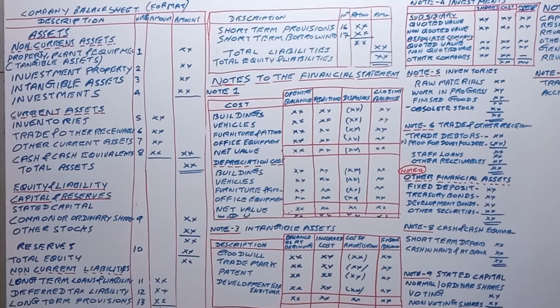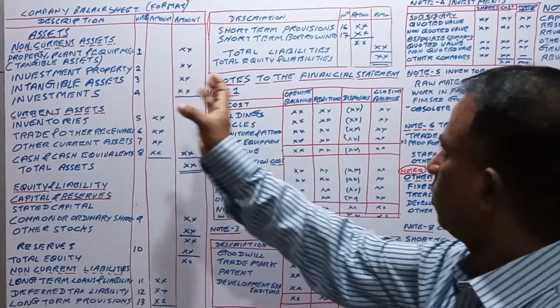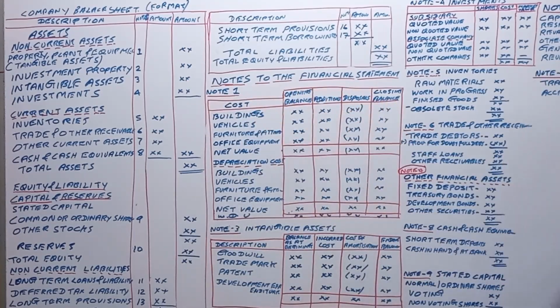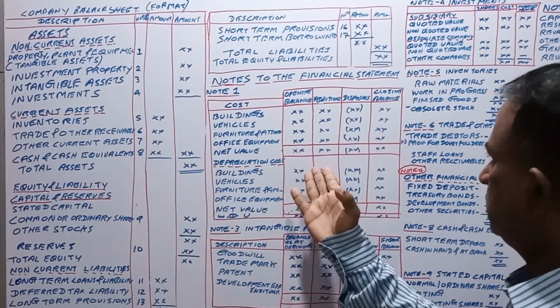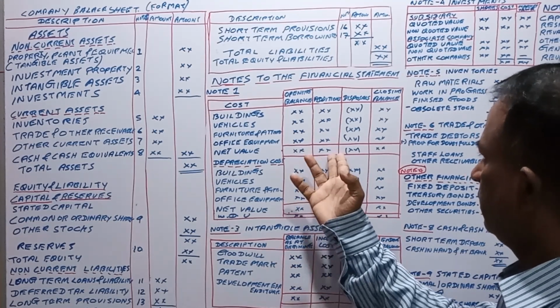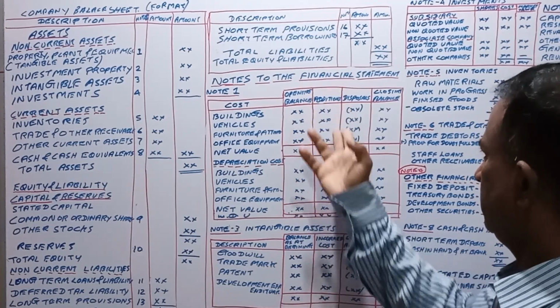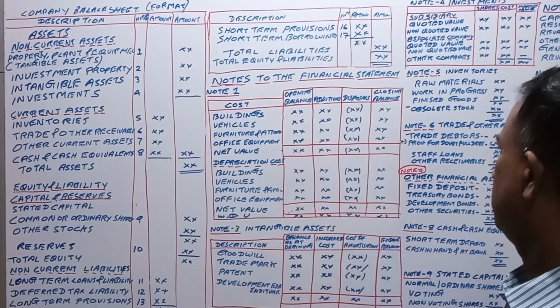Okay, so that is that. You have seen the proper format of note number 1 for the property, plant and equipment. From this you can take the depreciation for the year. This addition is the depreciation for the year.